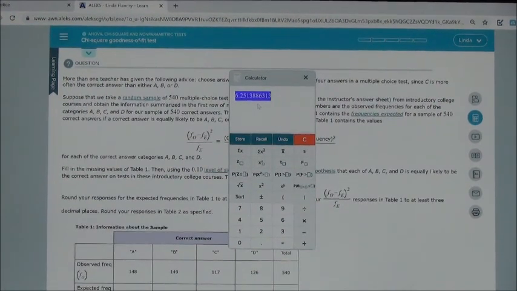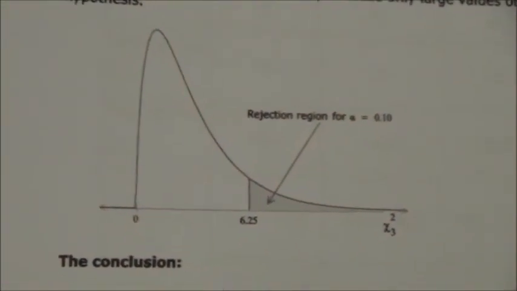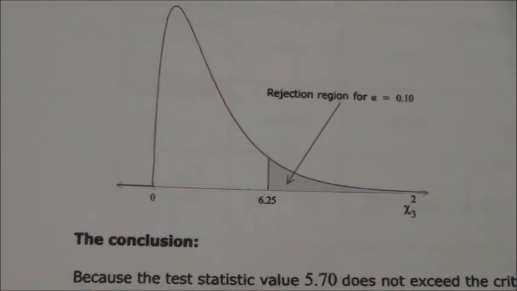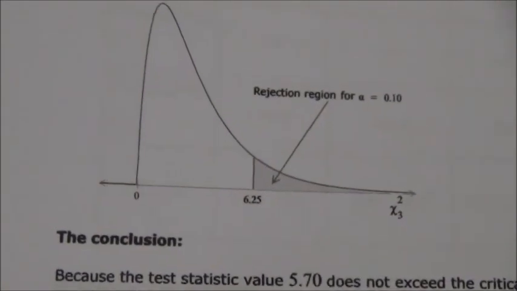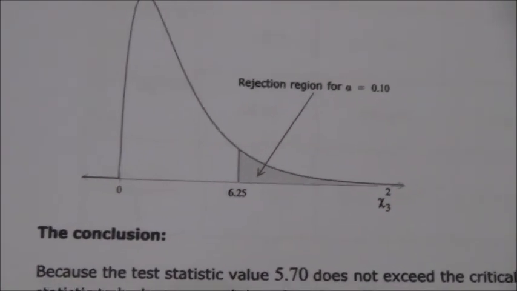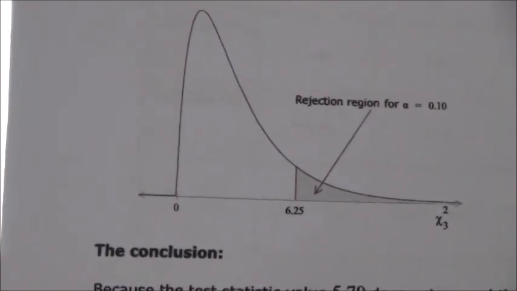And all right, so if I grab my picture here of my drawing of my value, it's a chi-squared test, so it goes from 0 and up to chi-squared. My critical value was 6.25. So if my test value is less than 6.25, we are going to accept the null.